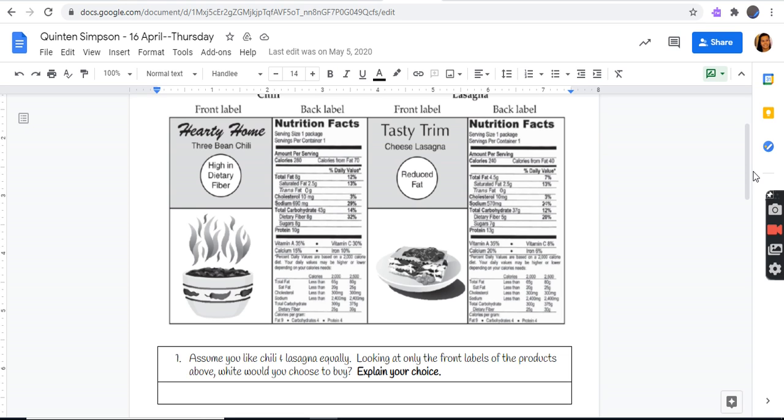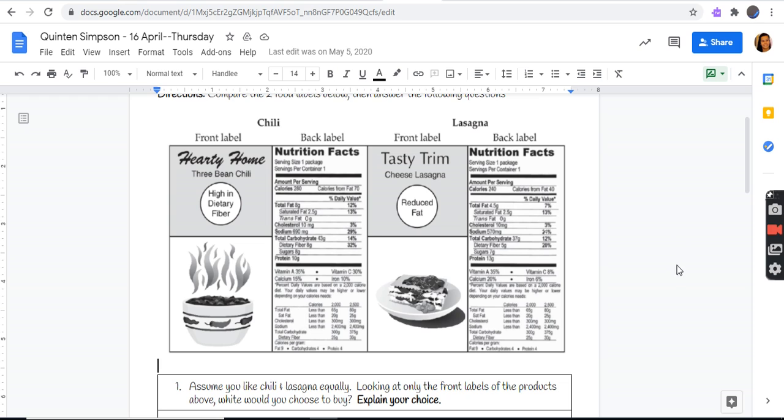Trans fat 0. Cholesterol 10 mg, 3%. Sodium 690 mg, 29%. Total carbohydrates 43g, 14%. Dietary fiber 8, 32%. Sugars 8g. Protein 10g. Vitamin A 35, calcium 15, vitamin C 30, and iron 10.